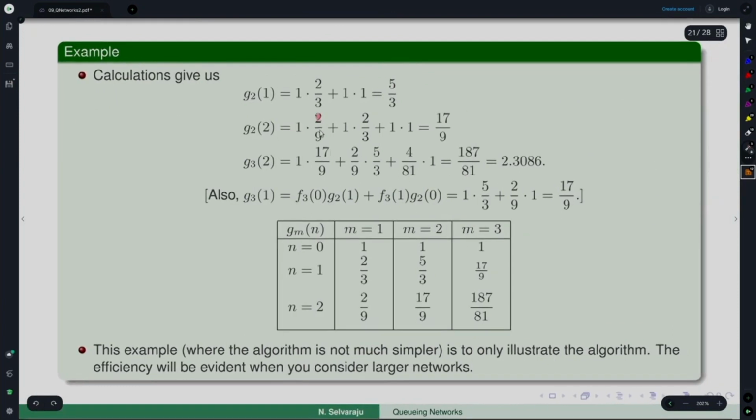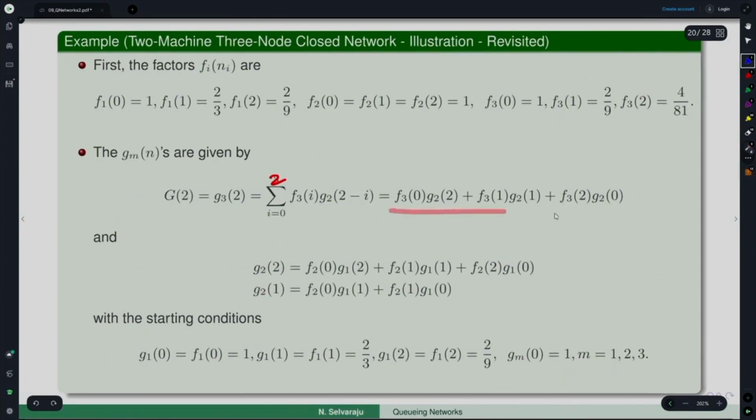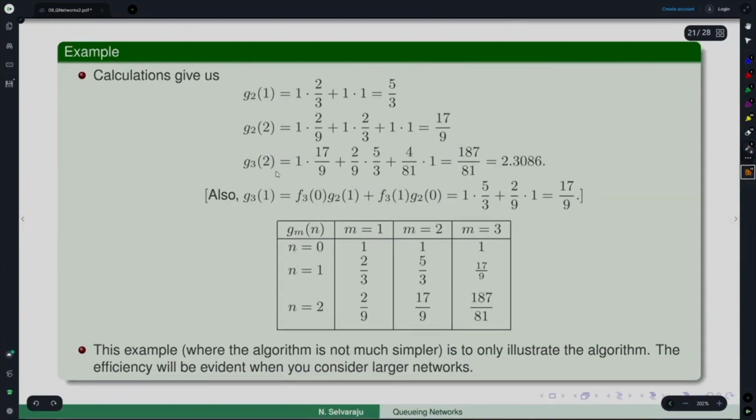So, the first term will be 1 into 2 by 9 plus the others, and it will give you 17 by 9. Once I have these 2, I can plug in here, because G2 of 0 I get from the initial condition. So, G2 of 1 and G2 of 2 I can substitute here to get my G3 of 2, which is effectively the quantity that you are looking for, which is G of 2.